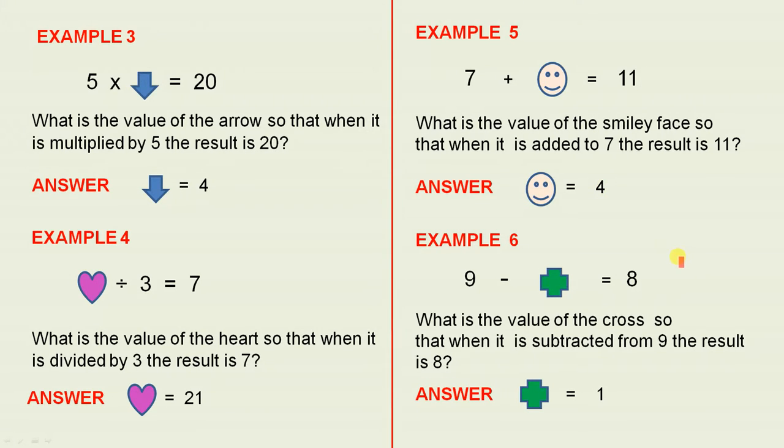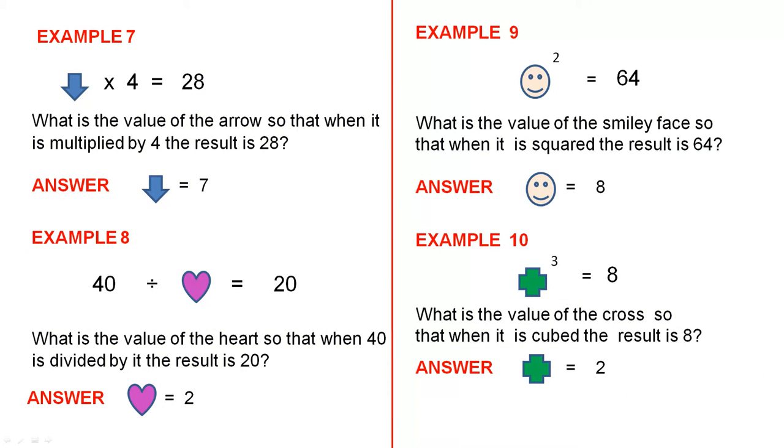Example 6. 9 take away the cross equals 8. What is the value of the cross so that when it is subtracted from 9, the result is 8? So 9 minus what gives you 8? 9 minus 1 gives you 8. So the cross is 1.